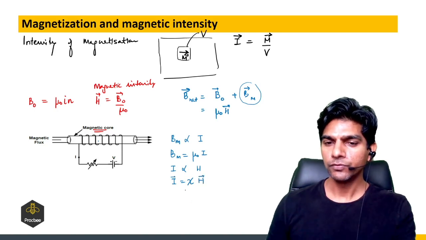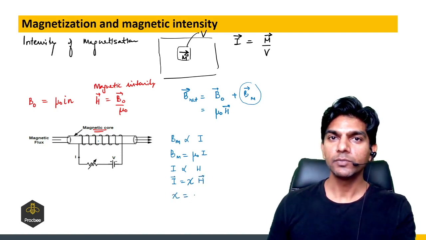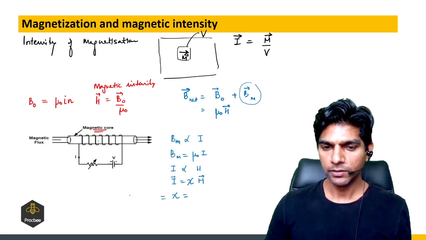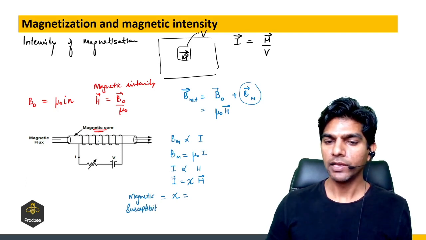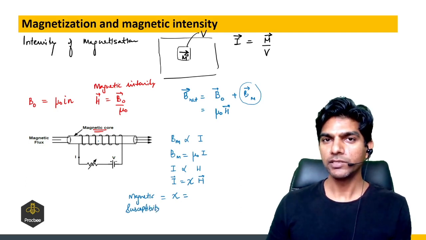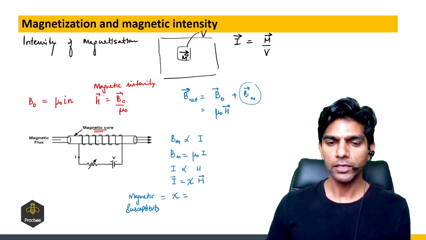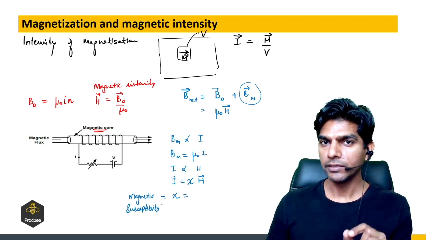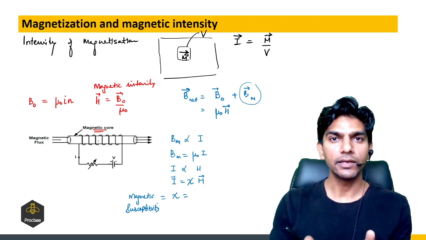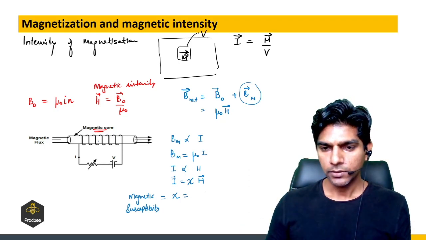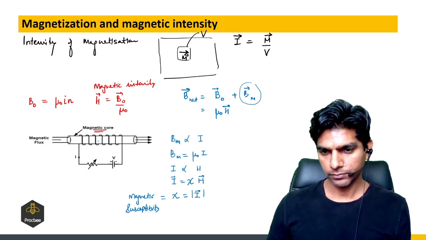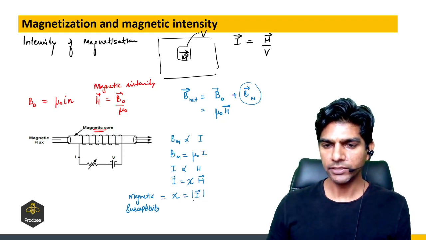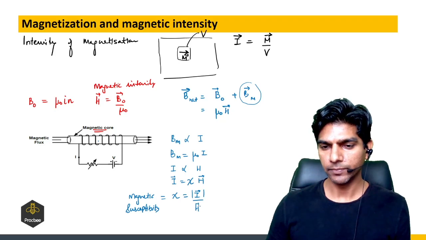So this is a very important formula where chi is nothing but magnetic susceptibility. This symbol is known as chi, right? Based on the magnetic susceptibility of the material, we can categorize materials in different types. So chi is intensity of magnetization divided by magnetic intensity.